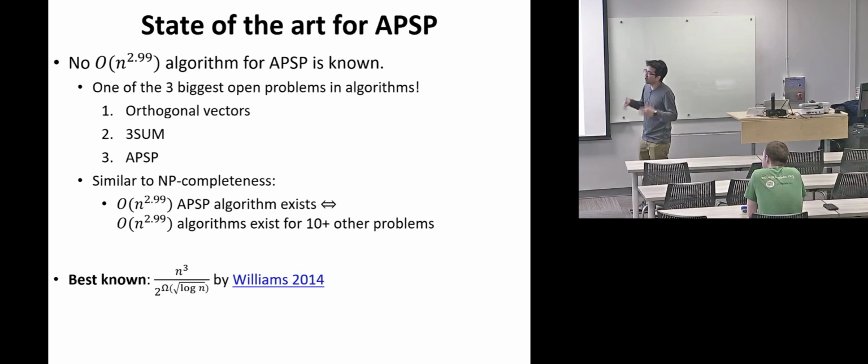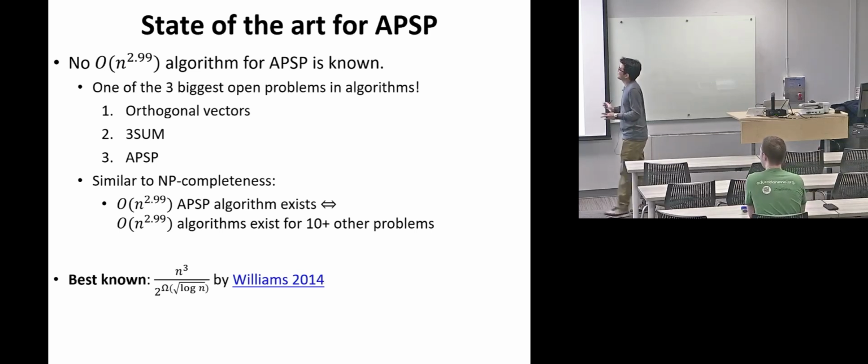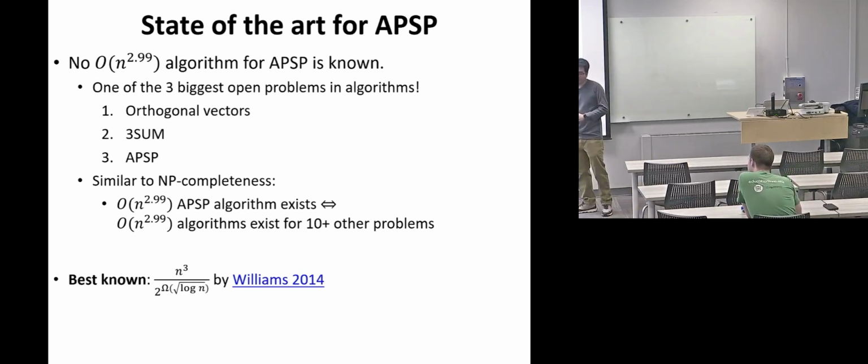We can actually show some evidence that we don't expect a faster than n cubed algorithm. At least it's a really big open problem. No running time better than n cubed is known, and this is one of the biggest three open problems in algorithms.